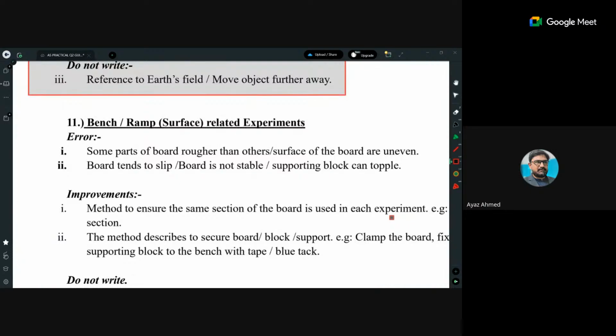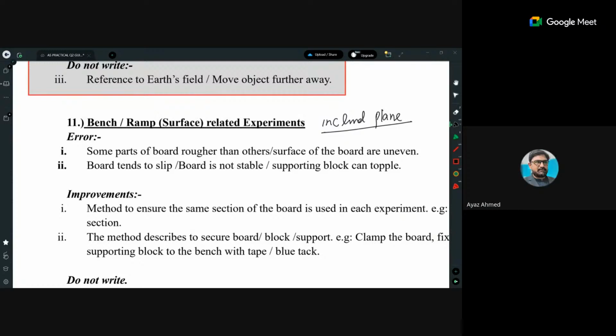Then the bench or the inclined plane. Actually, this is called the inclined plane experiment. Right? So what is the main source of error? Some parts of the board are rougher than others, so the surface of the board is uneven.